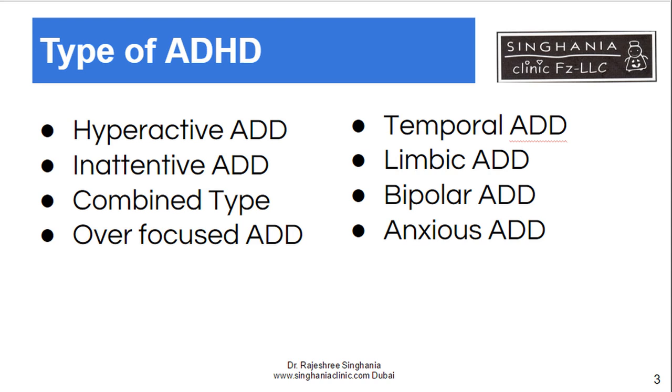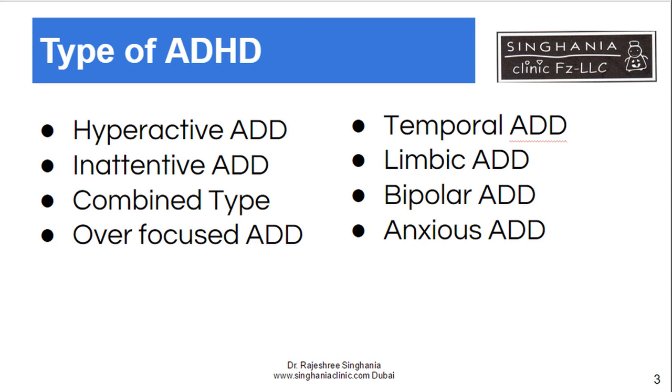Then there is the Amen's classification, which not only looks at the hyperactive and inattentive kind of ADD, but also has other types. The overfocus ADD, where the child, apart from inattention, has difficulty from his own thoughts. He may be racked with negative thinking. Then there is temporal type of ADHD, where they may be angry and aggressive.